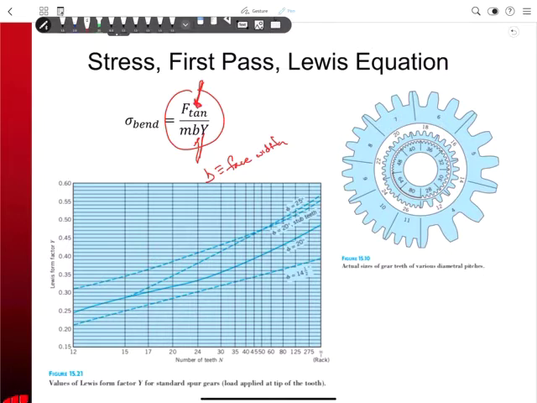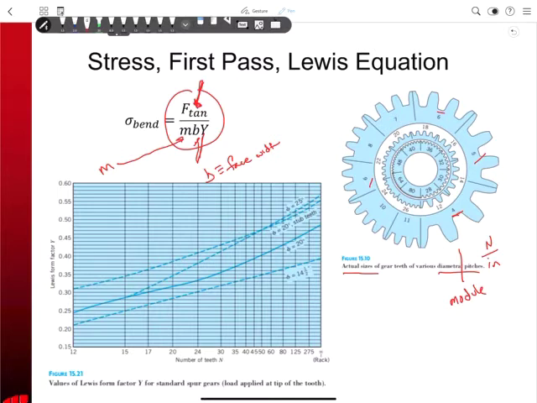What about m, the module? Does that make sense? Should that be in the denominator? Here is one of my favorite pictures, the actual size of different diametral pitches. Of course, it's not the actual size because I have no idea what size your screen is. Diametral pitch is teeth per inch, or 1/inch, whereas module is the inverse of that, millimeters per tooth.